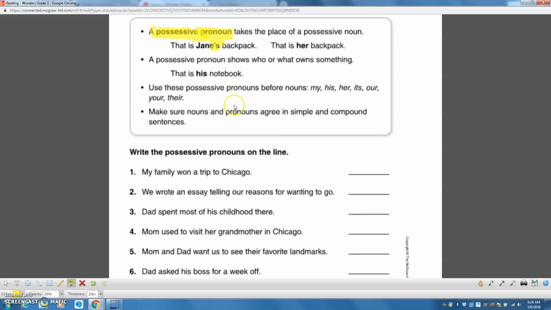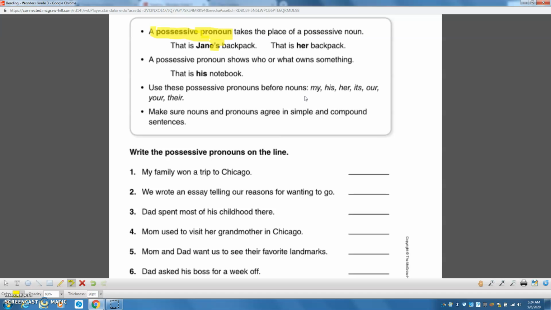So the possessive pronouns that we would use to replace a possessive noun would be my, his, her, its, our, your, or their. So before we used the pronouns I, she, he, it, those replaced a noun in our sentence.